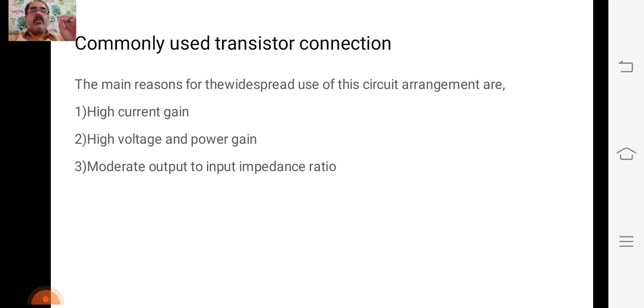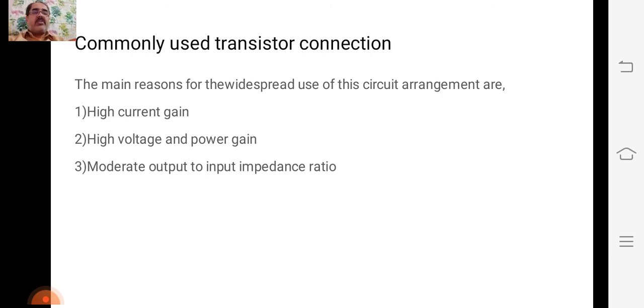And what about the saturation here? The saturation is the point where the load line meets the IB is equal to IB saturation curve. At this point the base current is maximum. That means the base current is maximum, and so is the collector current.